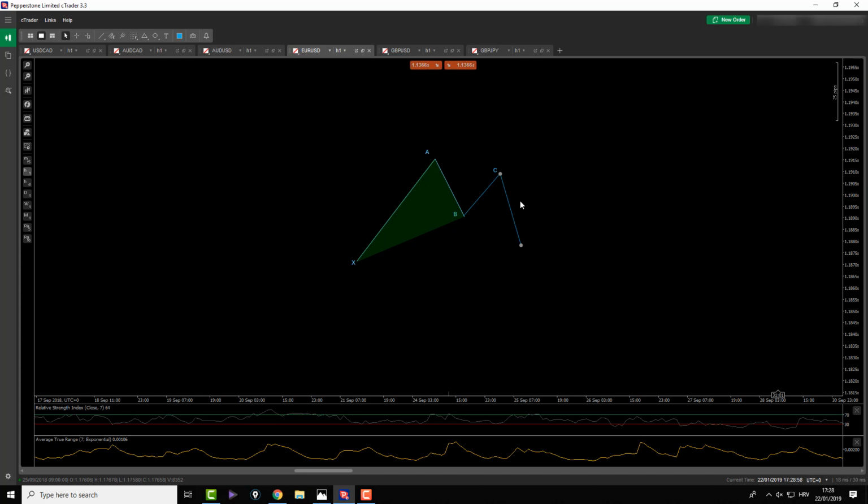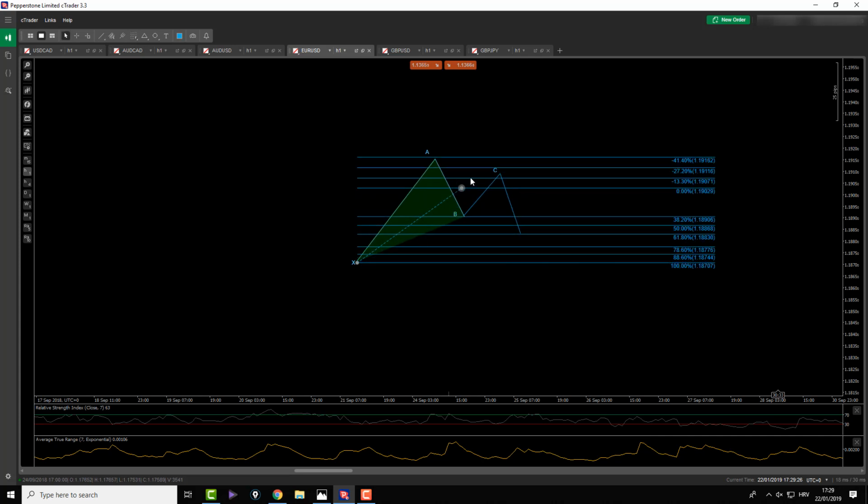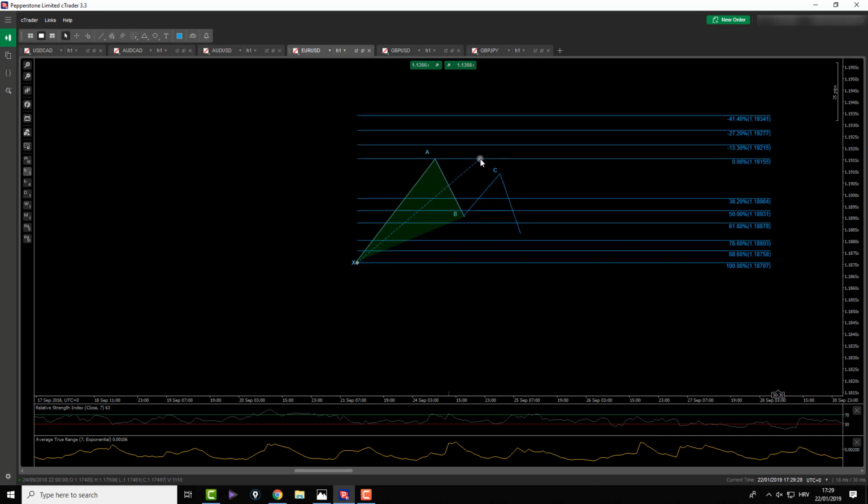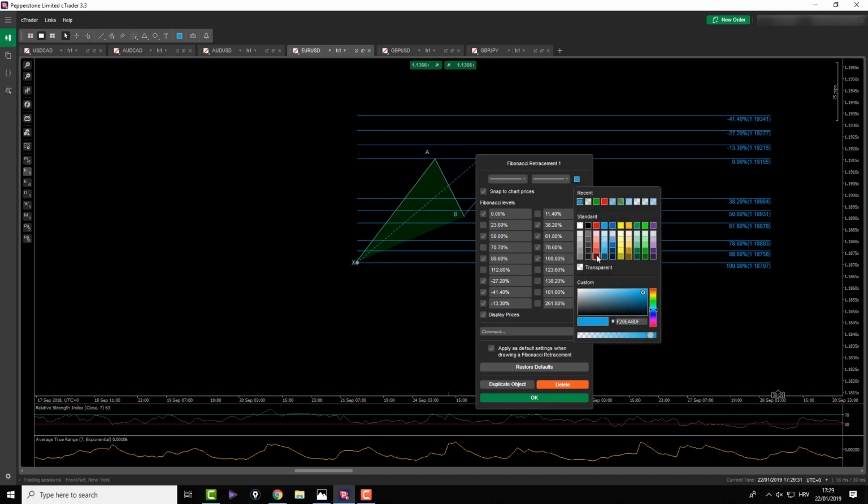And there are some rules of entering the pattern, which can be pending orders, or you can wait for a higher close, or whatever you backtested. But here I'm just covering the rules. What is the price point for the entry? Okay, so let's assume that the price is moving lower, and it needs to come to the price point which is equal to Fibonacci retracement of 88.6 from X to A. Okay, so let's find this.